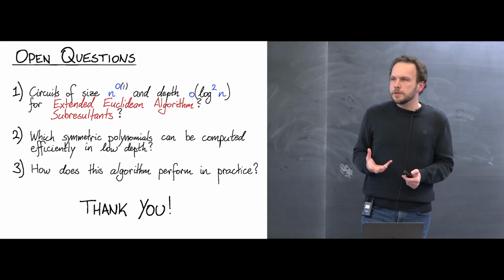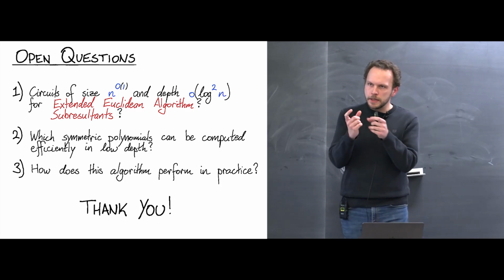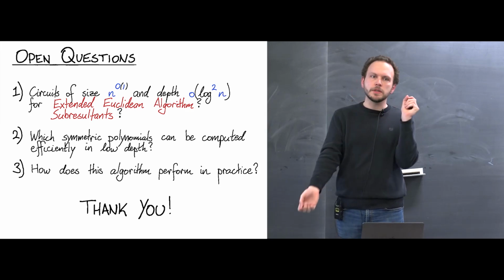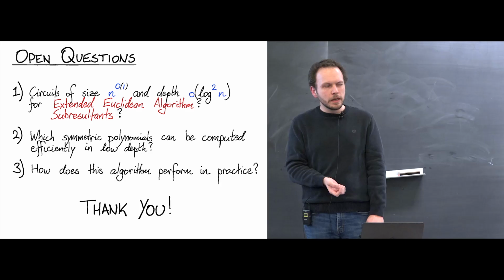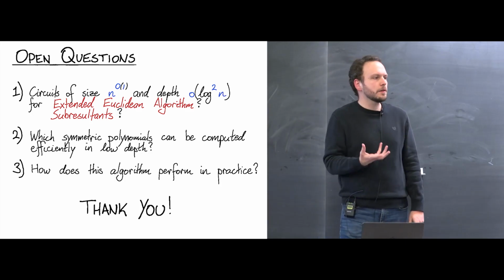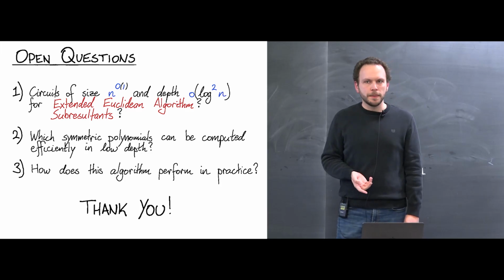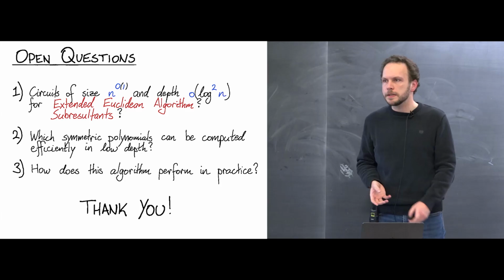So I think one really interesting question here is to look at the extended Euclidean algorithm. Right? When you take the Euclidean algorithm and run it on a pair of polynomials, you get a large sequence of remainders. The GCD is the last remainder in this sequence, but sometimes you're interested in computing other remainders from this sequence. Can you do this in parallel? Well, again, linear algebra gives you a log squared time parallel algorithm for this task.